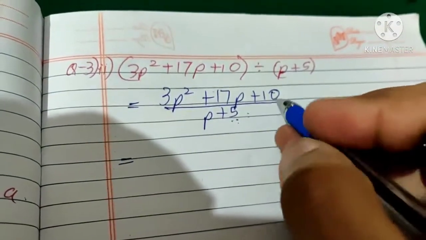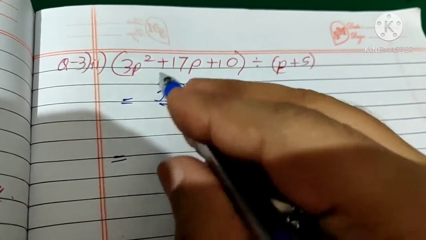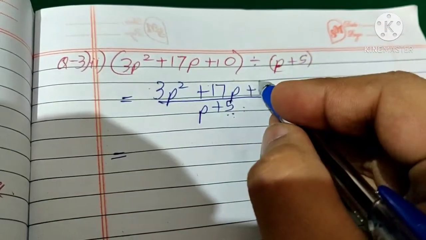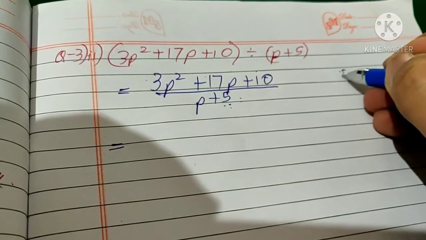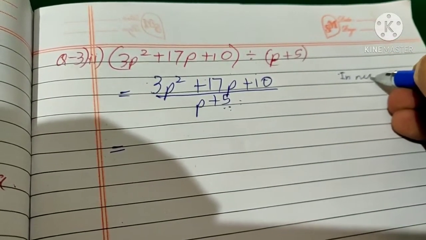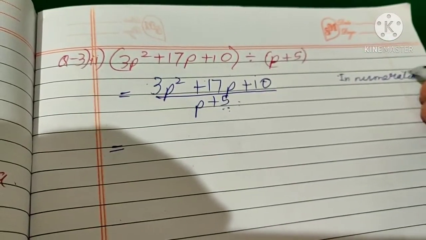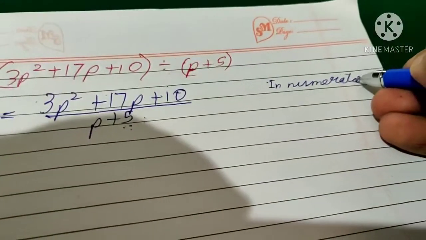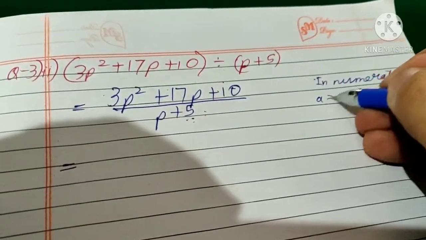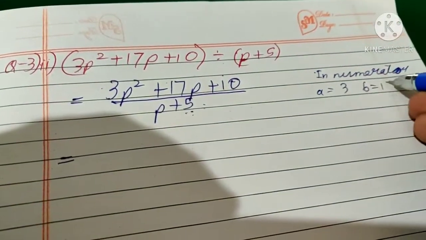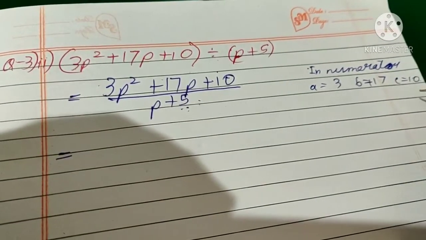We will get the product of the first and last terms in the numerator. A equals 3, B equals 17 and C equals 10.